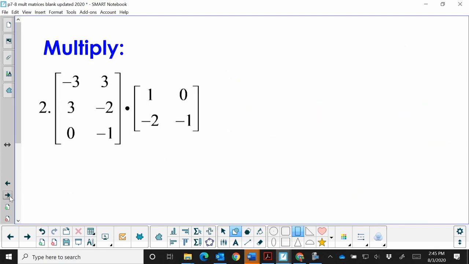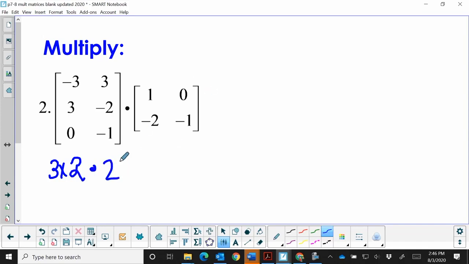So let's try one that's not square. Let's push ourselves a little bit and see if these will even multiply. Okay, this first one is 3 rows by 2 columns. We're going to multiply that by a 2 by 2. Well, we can see, yes, indeed, they do multiply.